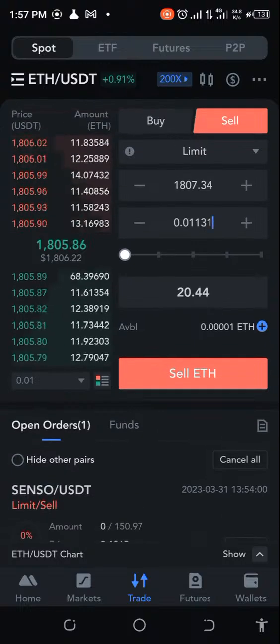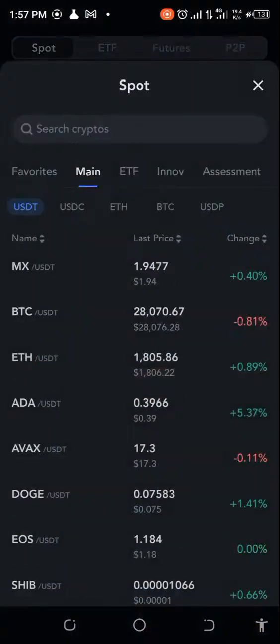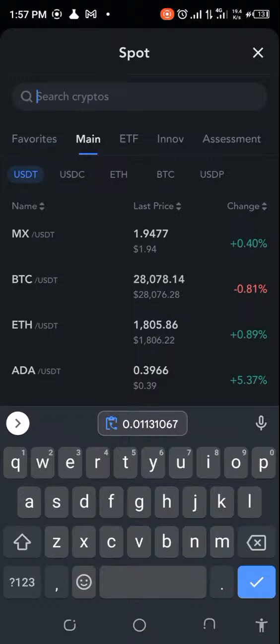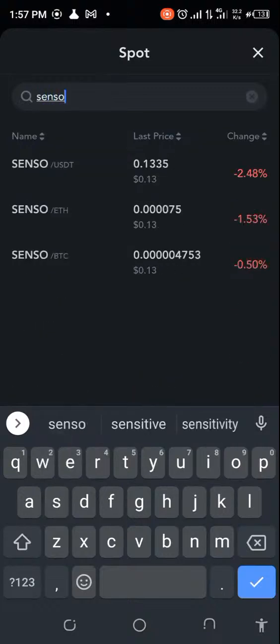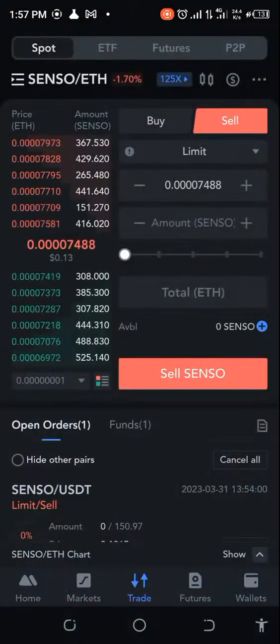ETH is 1805 right now. So let's go see whether that's possible. Let's just quickly do this. I'm just going to put the sensor and see whether I'm going to be able to quickly make back my money.